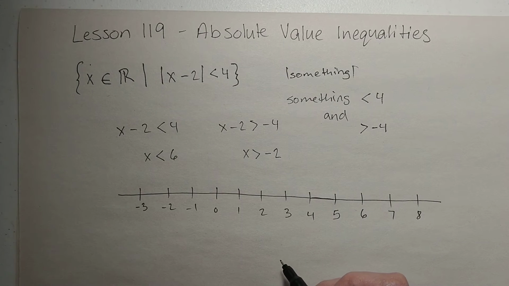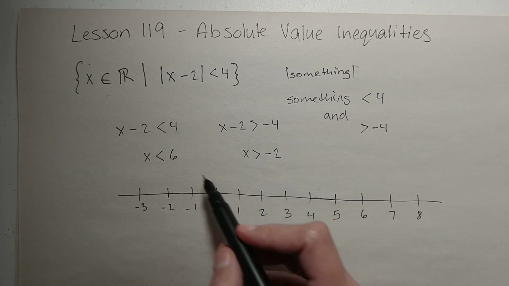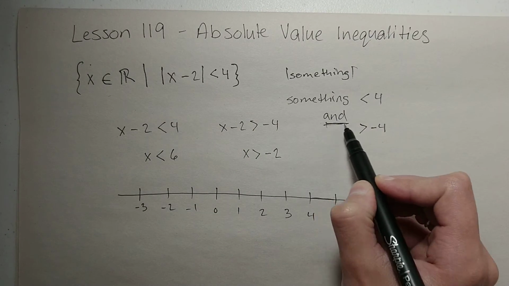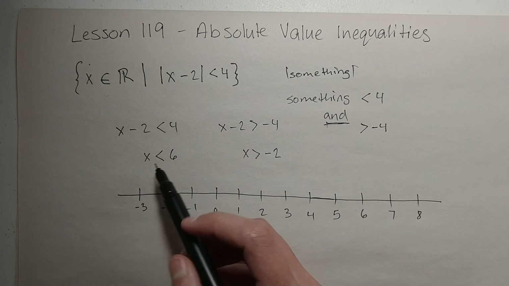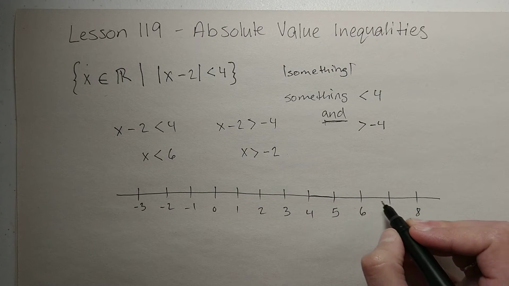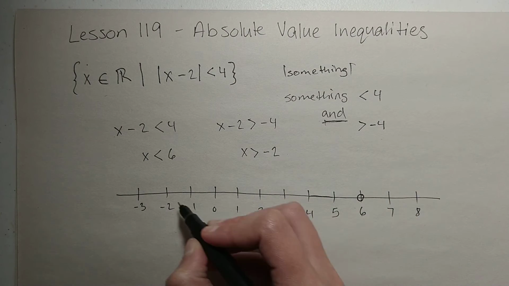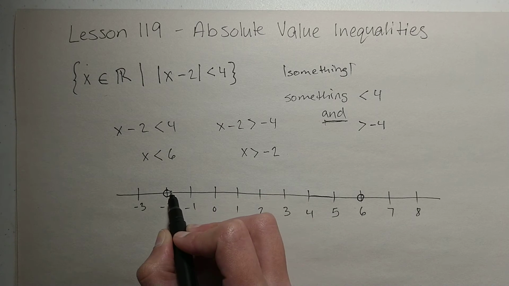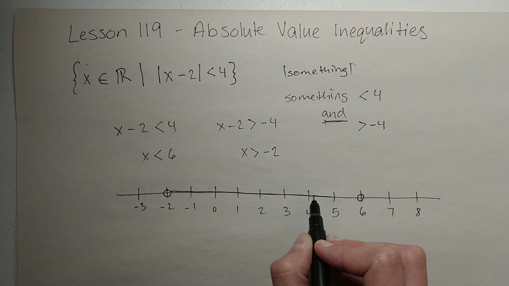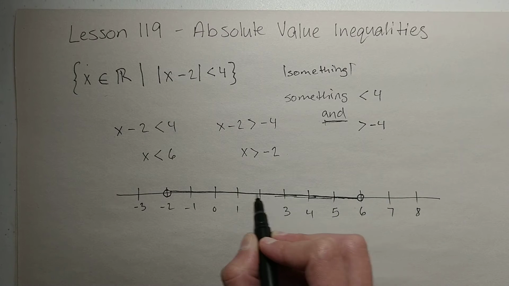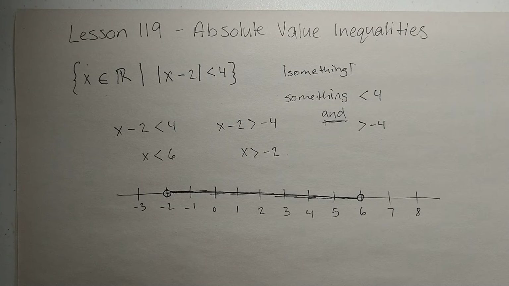All right, and because this is less than, we're going to say it's a conjunction. So it's X is less than 6 and greater than negative 2. So it's going to be this here. Let's make that line very thick. All right.